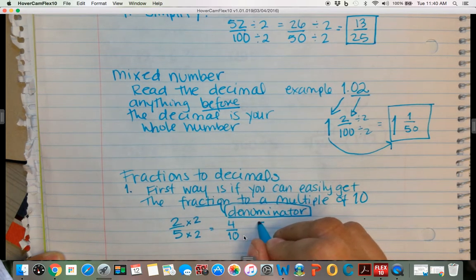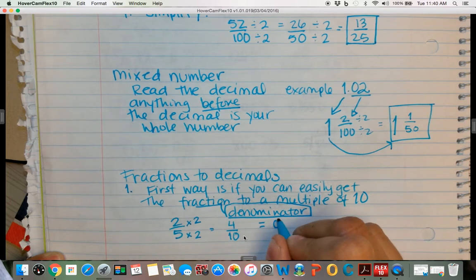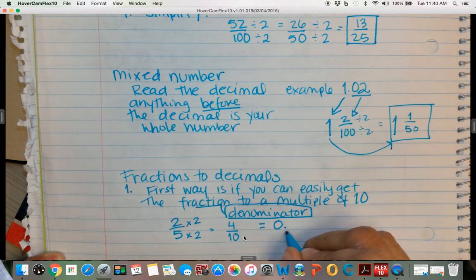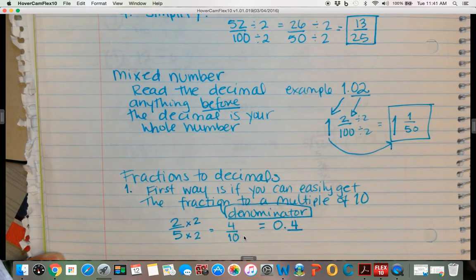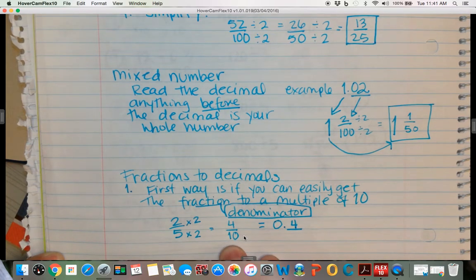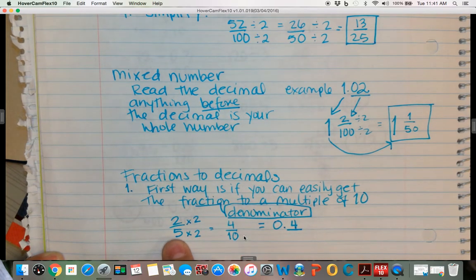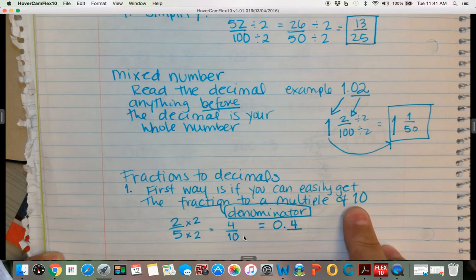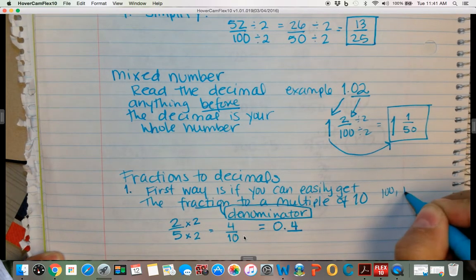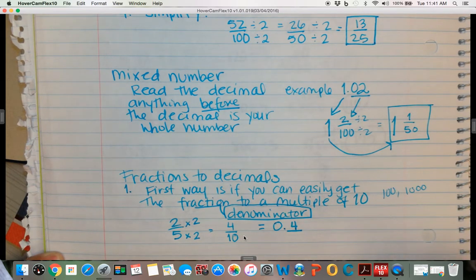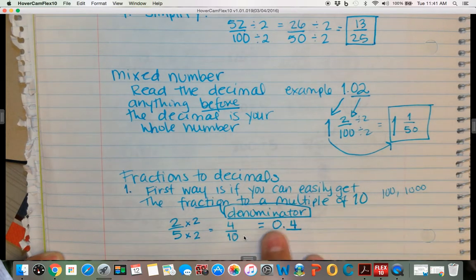So I think about my place value, and I know that tenths is right after the decimal, and there's the 4. 4/10 is the same as 2/5. So if I can easily get it to a multiple of 10, 100, 1,000, by multiplying or dividing, it makes it easier to write our fraction as a decimal.